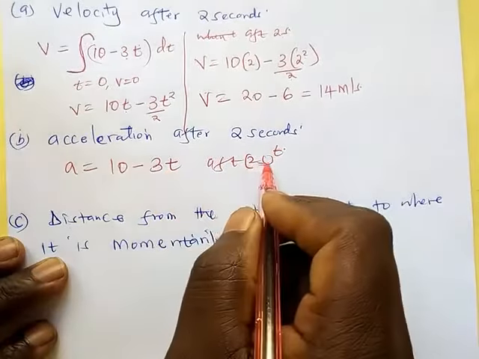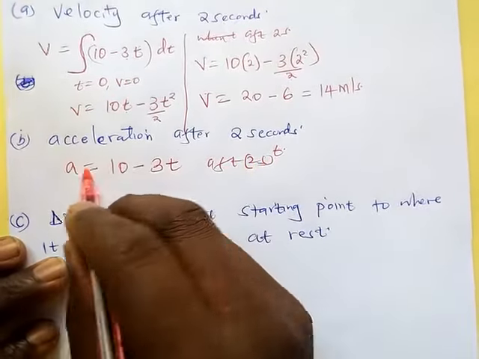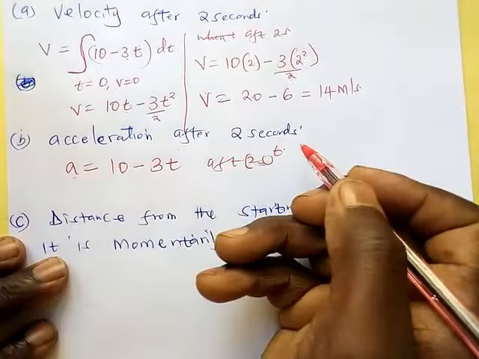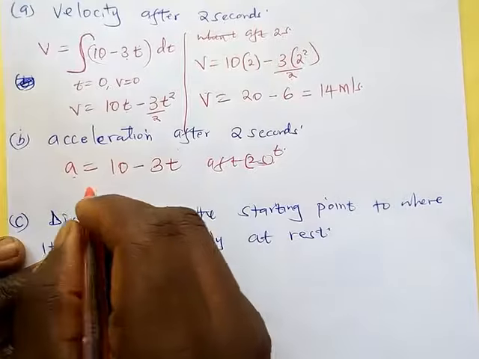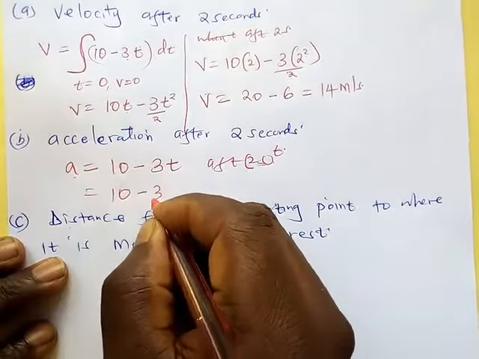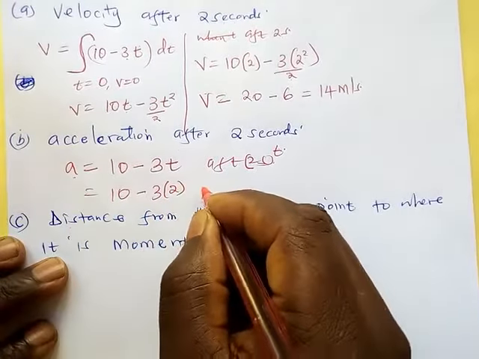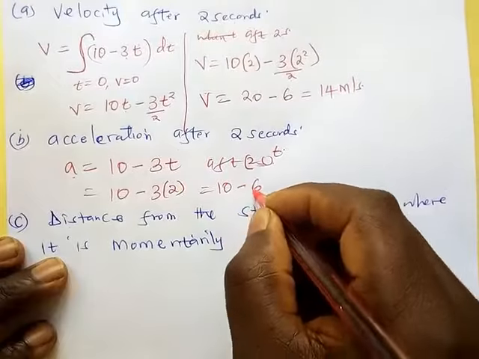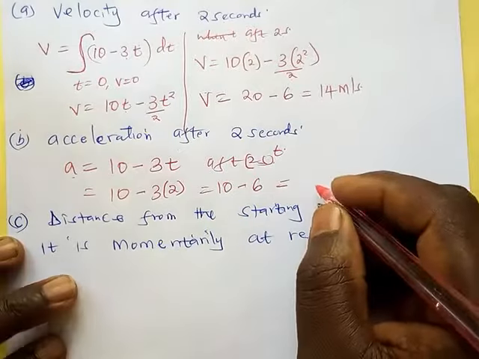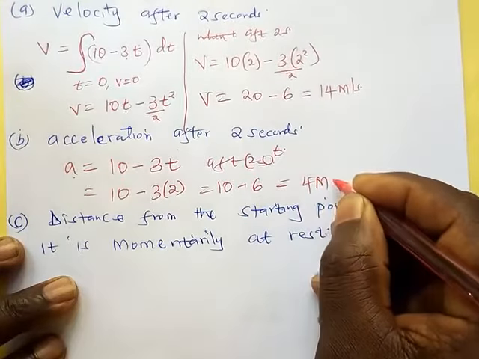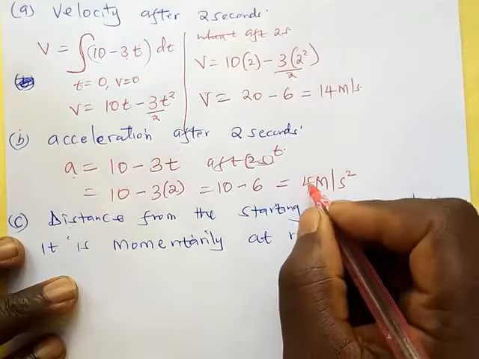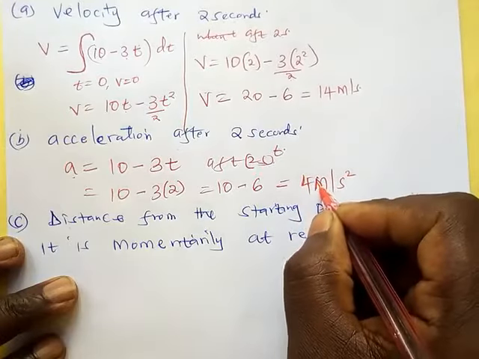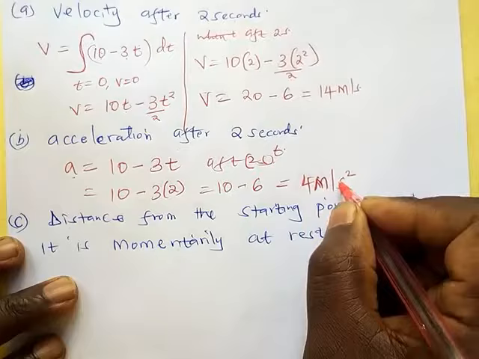So we substitute t in the acceleration, and we get the acceleration when time is 2 seconds. So that is 10 minus 3 into 2, and that is 10 minus 6, which will give us 4 meters per second squared, because this is the SI unit of acceleration.